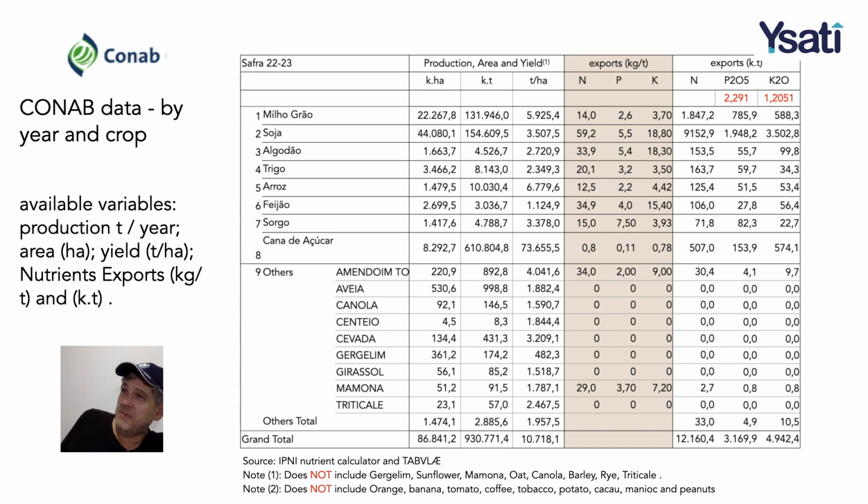So at the bottom right, we see that for nitrogen, we are going to get 12,160 tons of nitrogen exported, and just 3 million and 4.9 million in phosphorus and potassium, respectively.